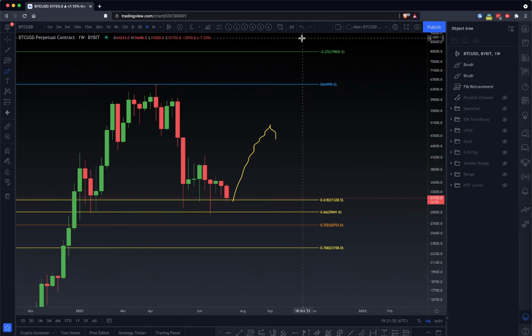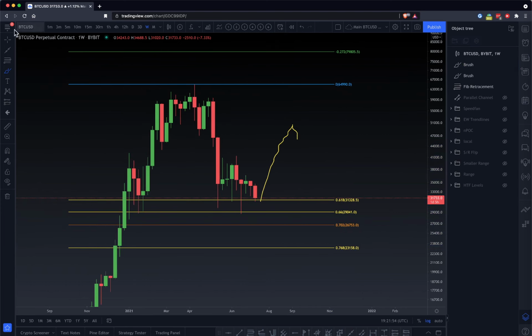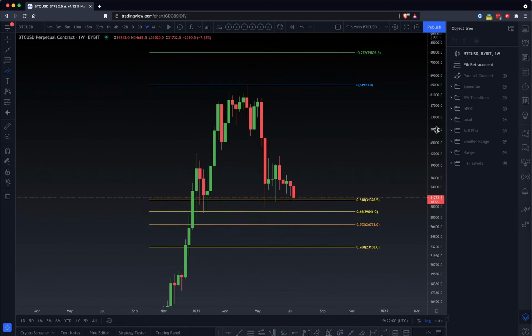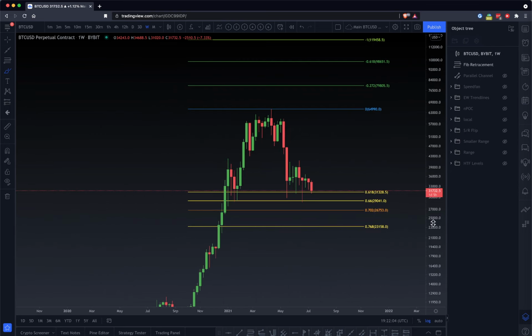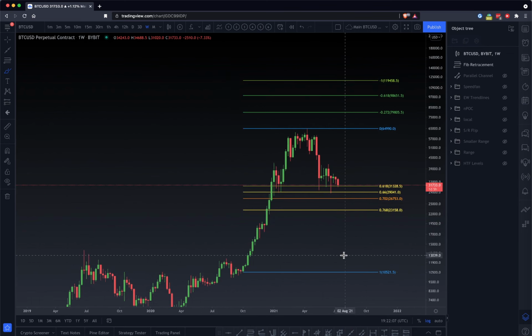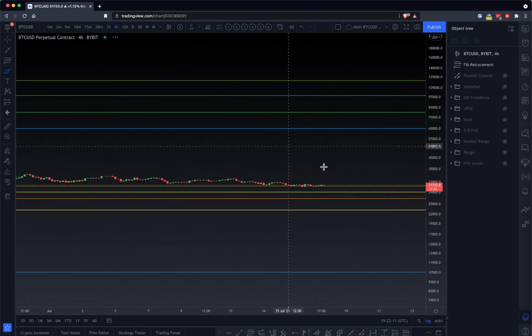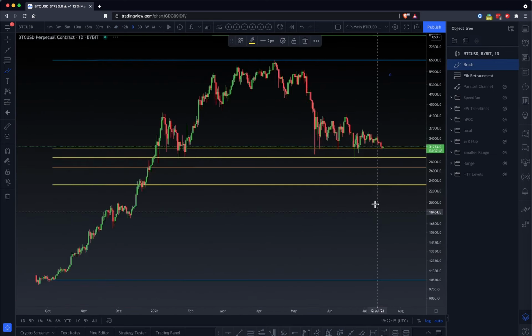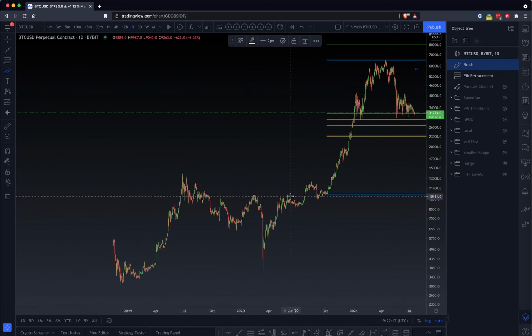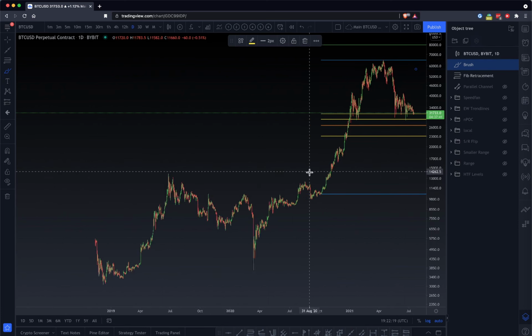The other thing is, everyone is also looking for this. Where is it? The retest of the previous all-time high, where was it?